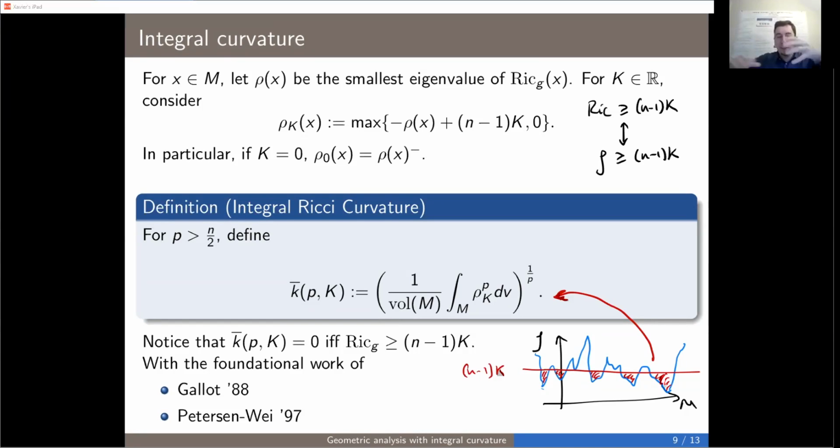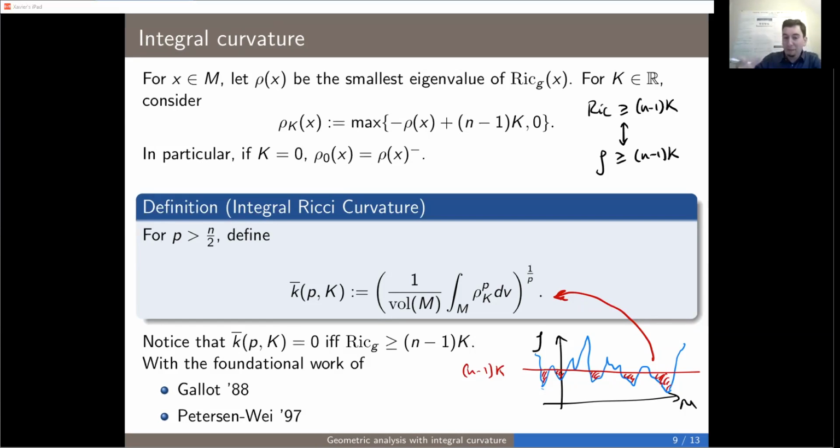So they were Sobolev inequalities whose constants were valid uniformly across all the manifolds with these kind of assumptions. And then I also want to mention the very important work of Petersen and Wei, who were able to generalize this notion of volume comparison that I mentioned earlier, the volume comparison from Bishop and Gromov, into this setting.